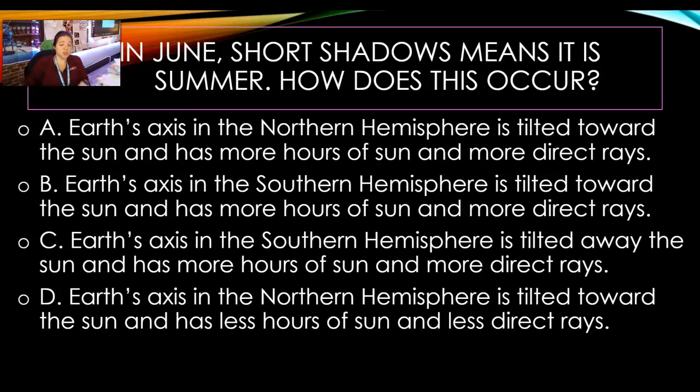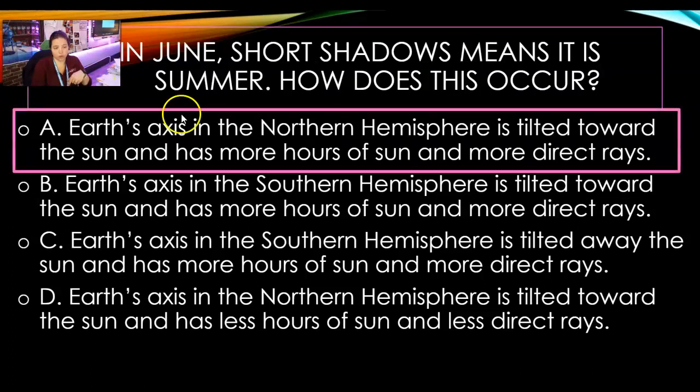Earth's axis in the southern hemisphere is tilted away from the sun and has more hours of sun and more direct rays, or Earth's axis in the northern hemisphere is tilted towards the sun and has less hours of sun and less direct rays. So in June, shorter shadow, June is our summer in the north, so the northern hemisphere, we have more hours of sun, more direct rays.